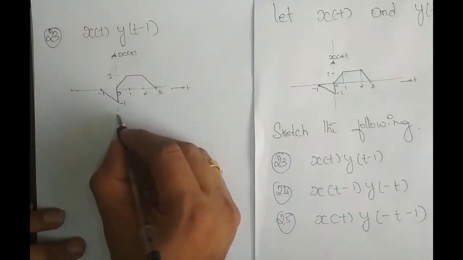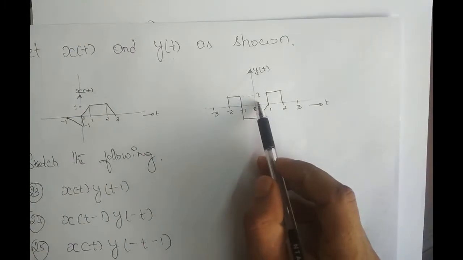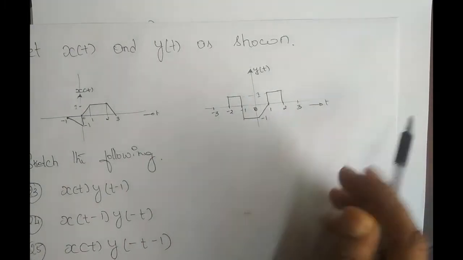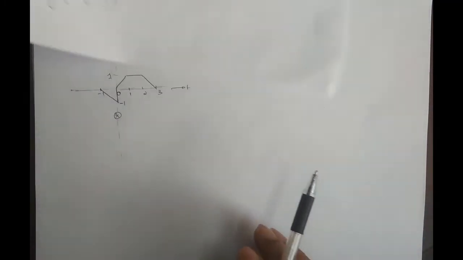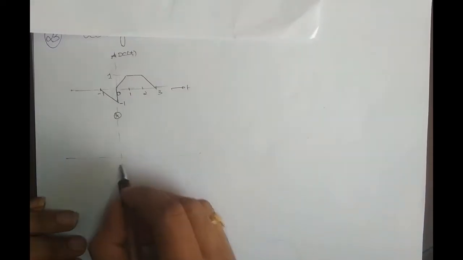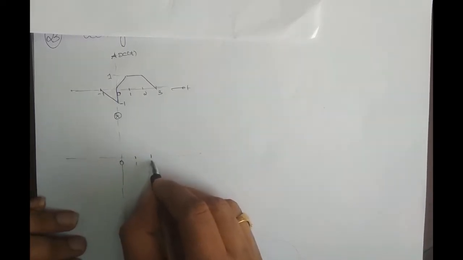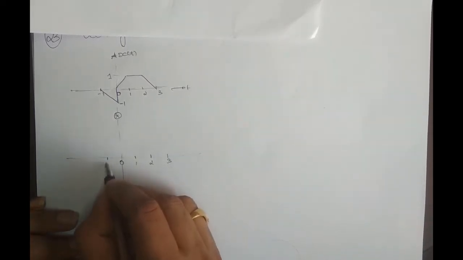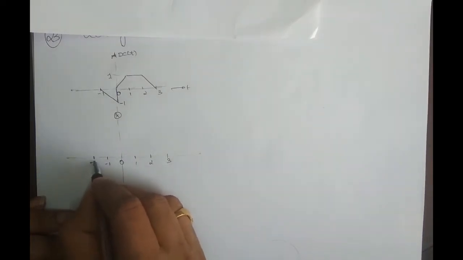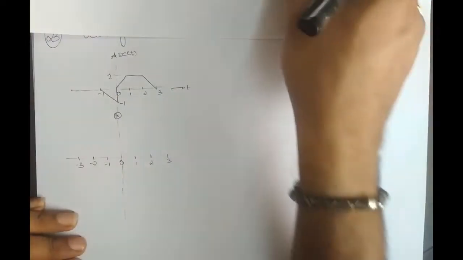This has to be multiplied with which signal? So y of t minus 1, this signal shifted right one time. Let me try to plot it. This is at t is equal to 0, 1, 2, 3, minus 1, minus 2, minus 3.